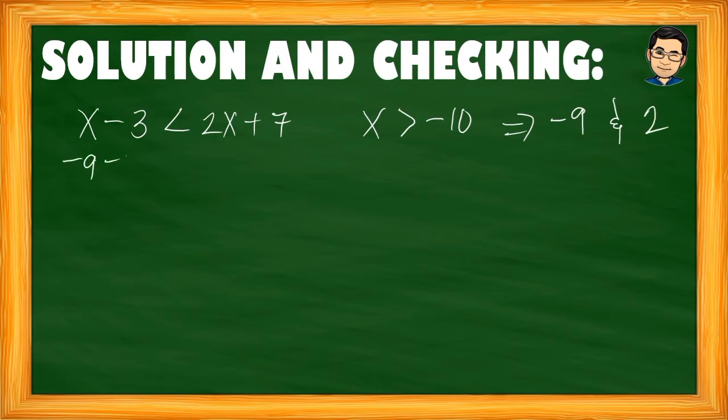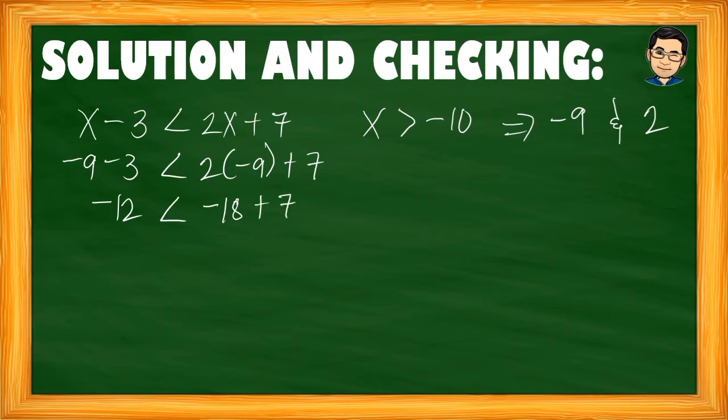Negative 9 minus 3 is less than 2 times negative 9 plus 7. Negative 9 minus 3 is negative 12, less than 2 times negative 9 is negative 18 plus 7. So negative 12 is less than the sum of negative 18 and 7, which is negative 11. Is it true that negative 12 is less than negative 11? Yes, negative 12 is lower than negative 11. So it is correct for negative 9.